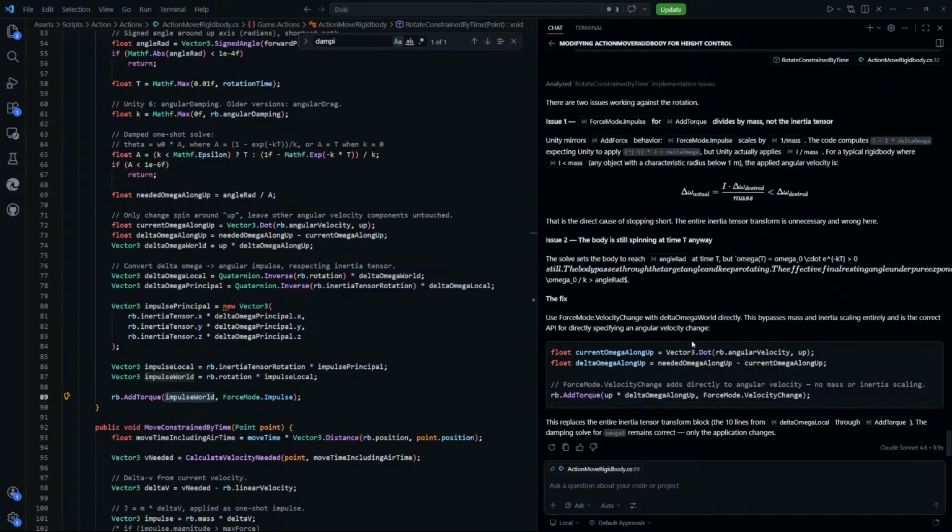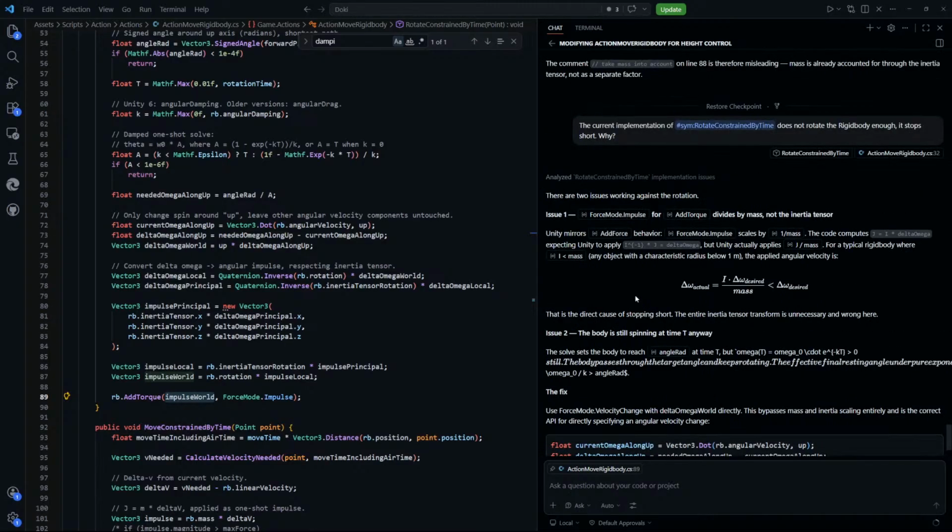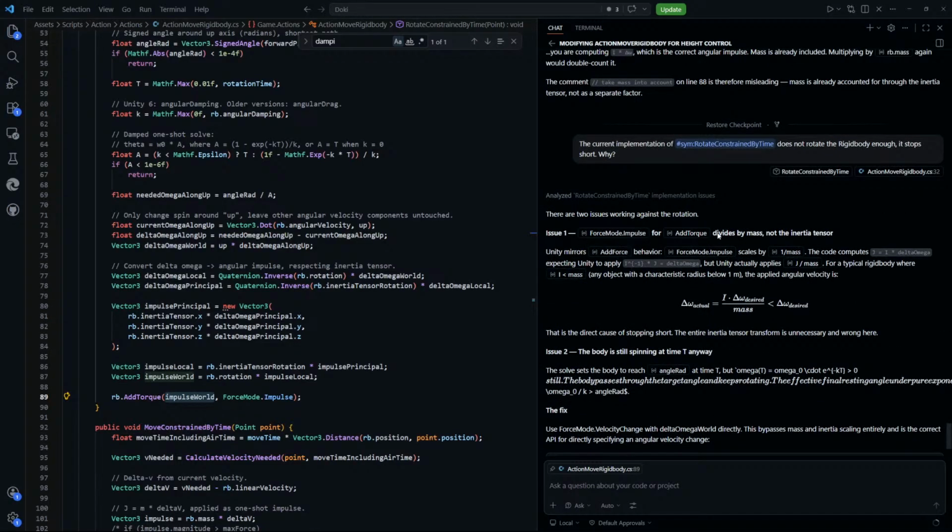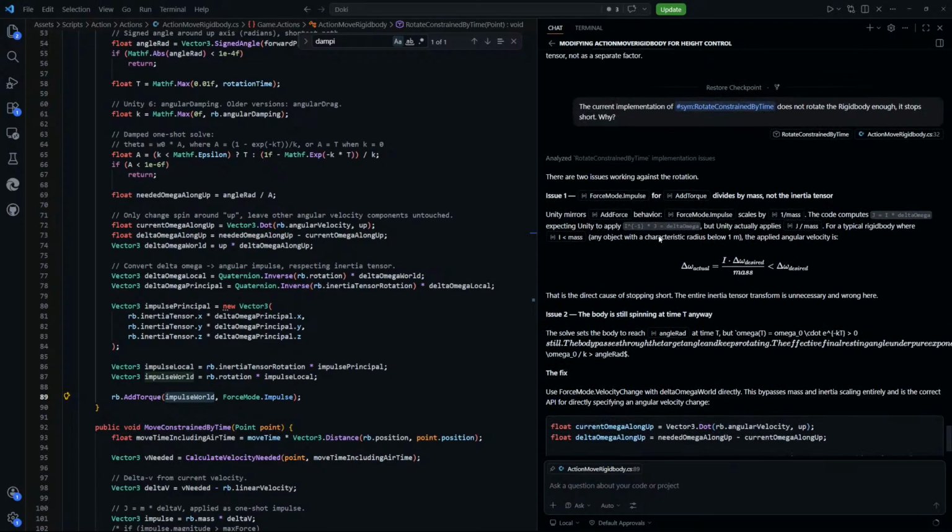Current Omega long up. Okay, I want to test this. I'm a little bit skeptical, but also, force mode impulse for add torque divides by mass.